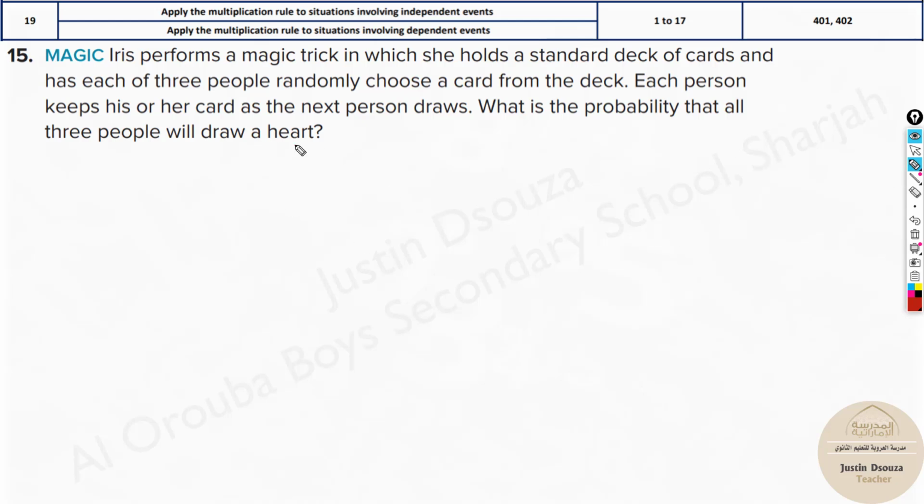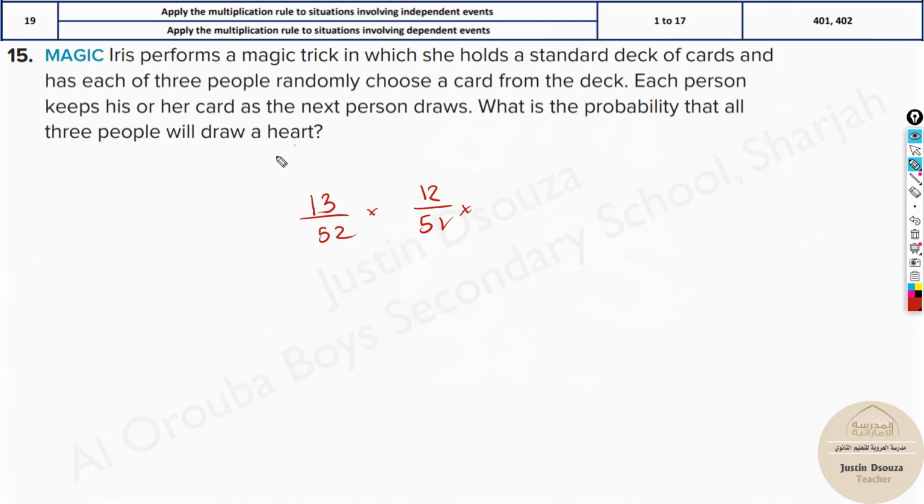So now we need to write what is the probability of a heart being chosen in a standard deck of cards. It is one suit, right? It's 13 cards divided by 52. This is the probability when the first person draws, because there are 52 standard cards and 13 are hearts. But now when the next person draws, one heart is drawn, so there will be 12 by 51.